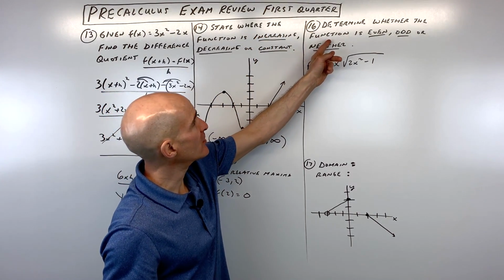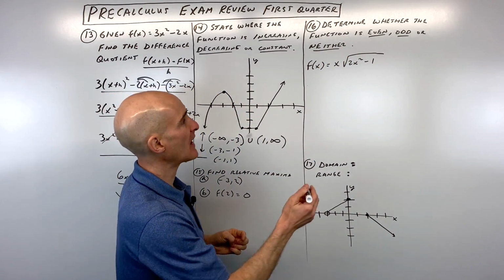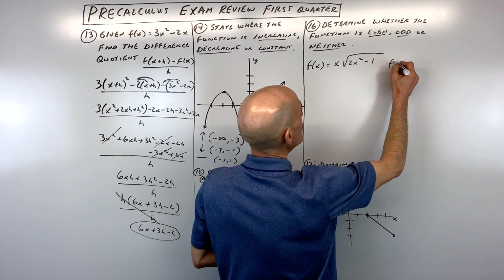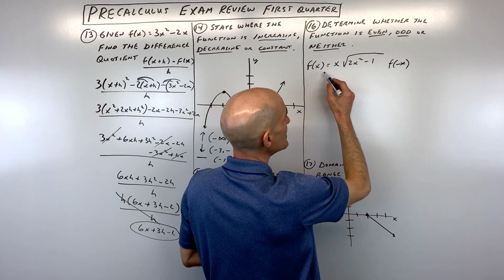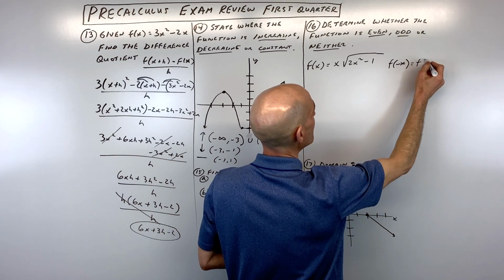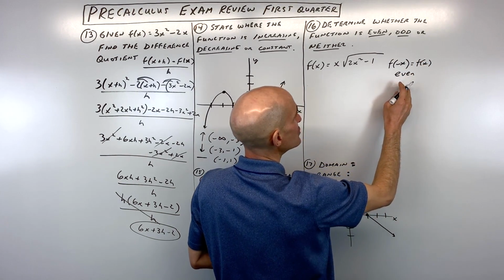It says determine whether the function is even, odd, or neither. Here's something you might want to add to your note sheet. When you replace x with negative x in your function, if you get back the original function f of x, that tells you the function is even.